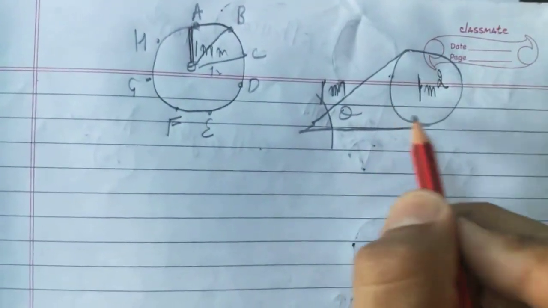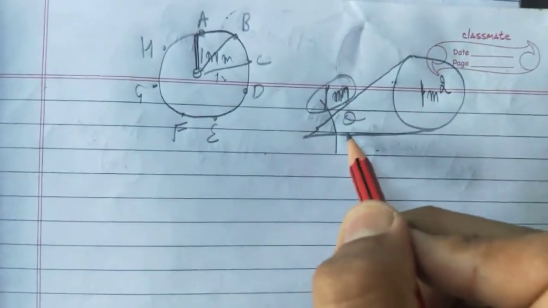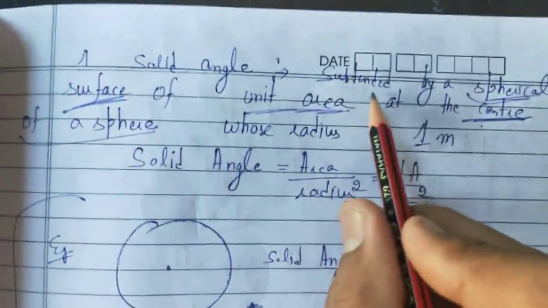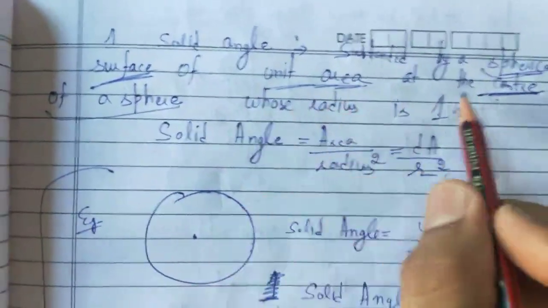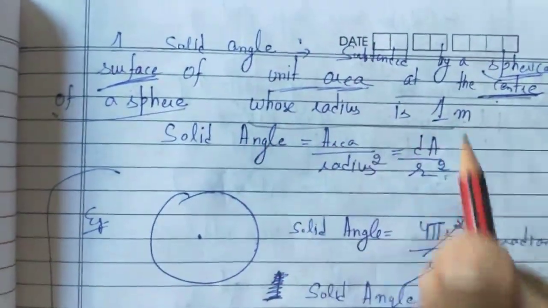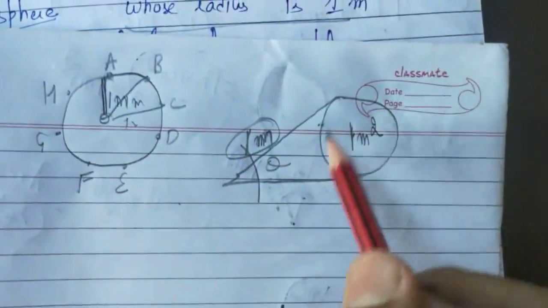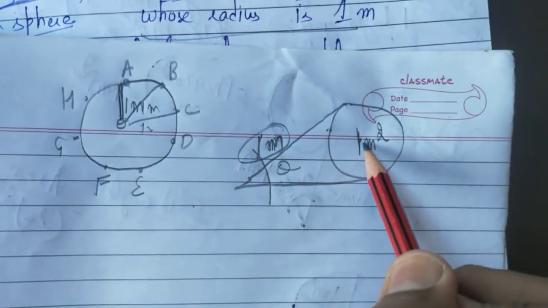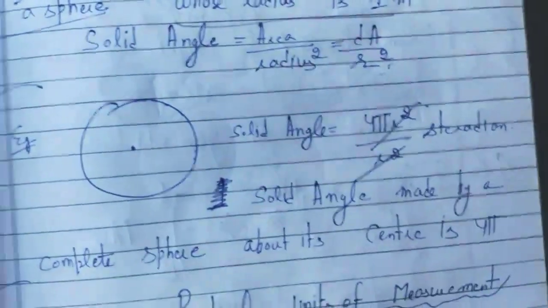So the angle made by the surface of the sphere with a radius of 1 meter at the center is known as 1 steradian. It is the angle made at the center by a spherical surface of unit area, whose radius is 1 meter. That means the angle made by this spherical surface at the center of a sphere whose radius is 1 meter is equal to 1 steradian.